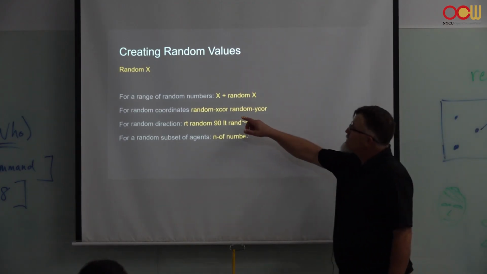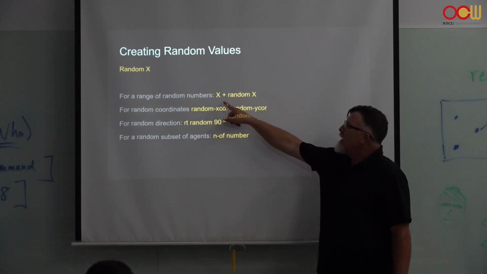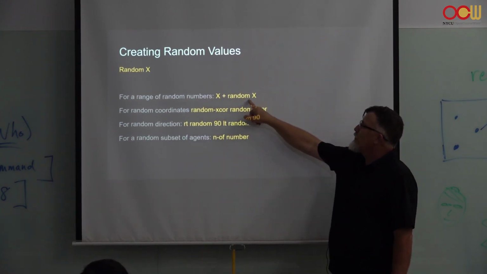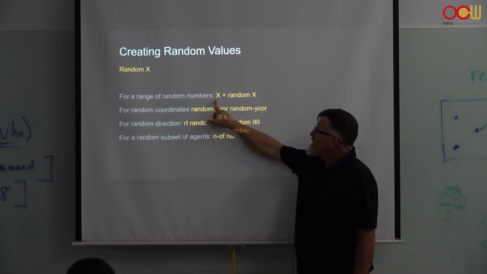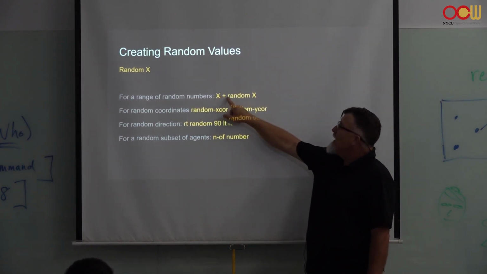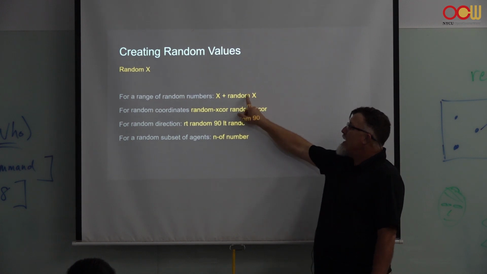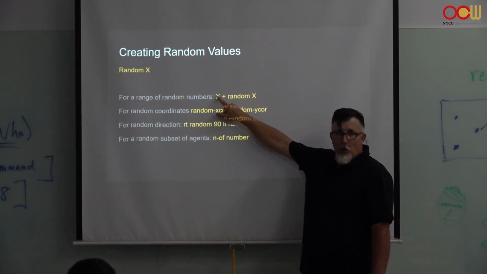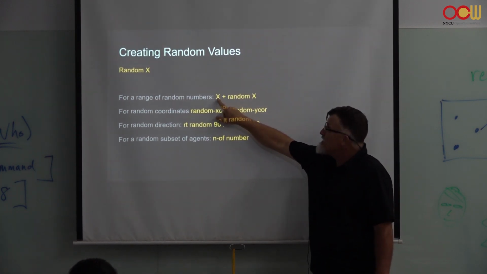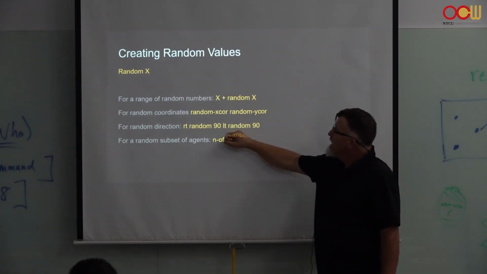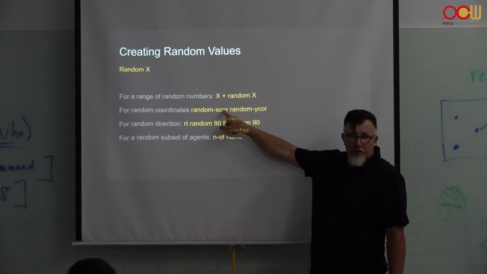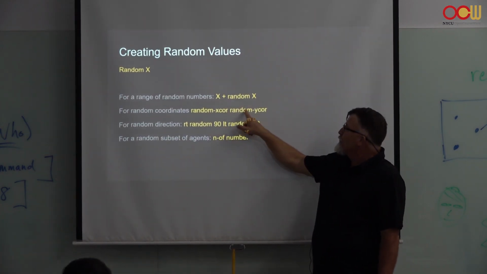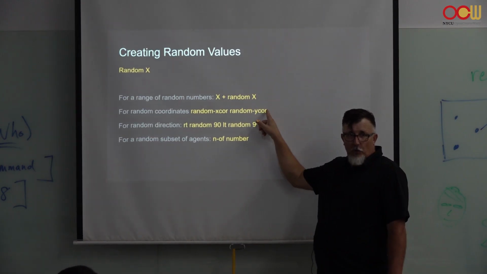Different ways: set a range of numbers, the number x plus a random additional set of numbers. If this number is 17, and then I add an additional random 8, my random number could be anything between 17 and 25. Random coordinates: I'm going to say jump to some random x coordinate in the world and some random y coordinate in the world.